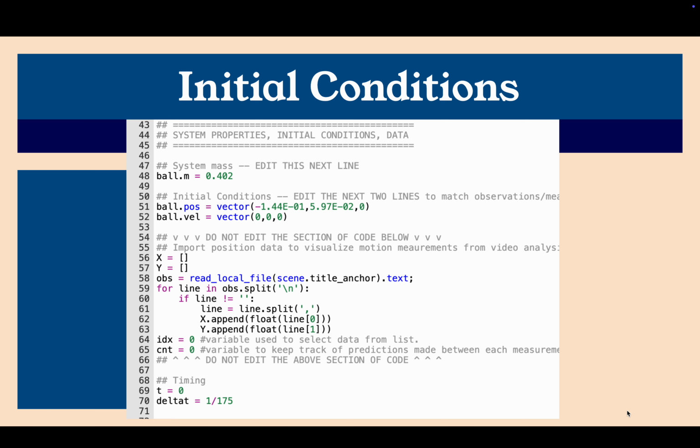So for the initial conditions, I changed the mass to be about 0.402, and the initial position was 1.44e-1 in the negative x direction, and 5.97e-2 in the positive y direction, which we obtained from the tracker data. The initial velocity was set to 0, because the mass came from rest. Finally, we changed the time to 0 and delta t to 1 divided by 175.